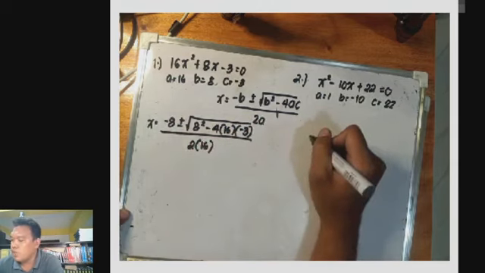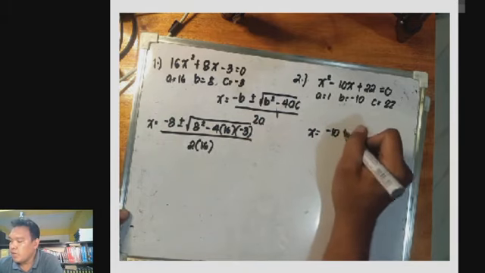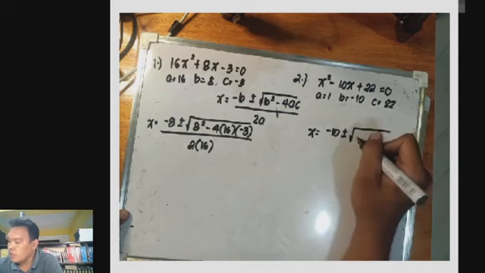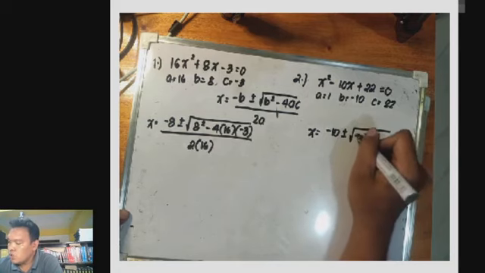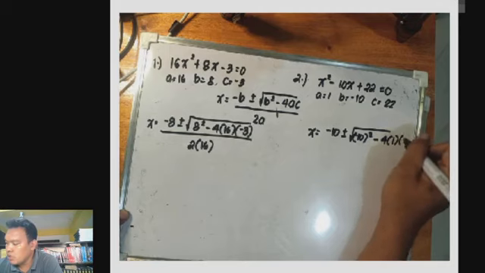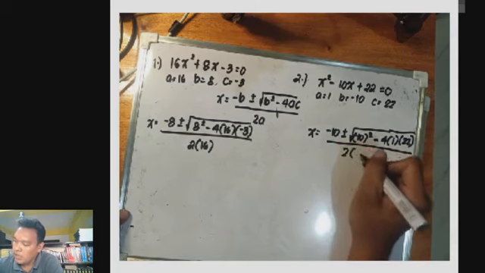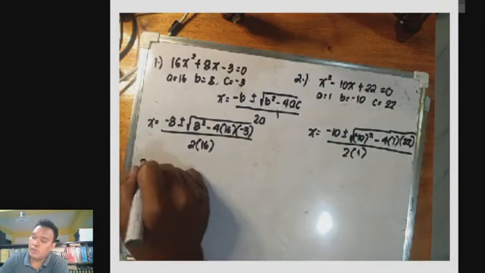Then for this equation, we have x is equivalent to negative negative 10 plus or minus the square root of negative 10 squared minus 4 times 1 times c which is 22, all over 2a.